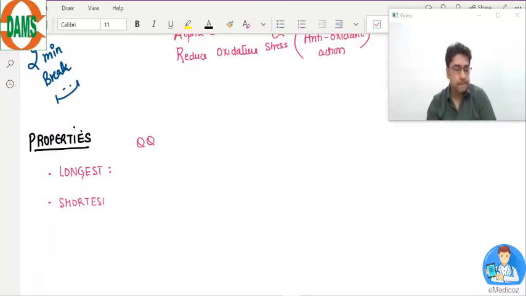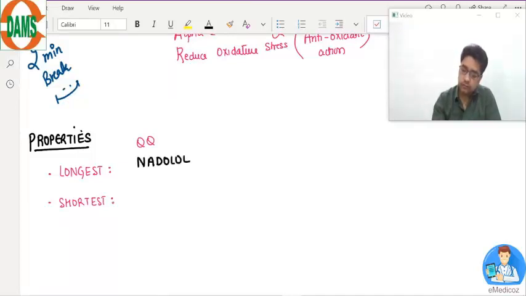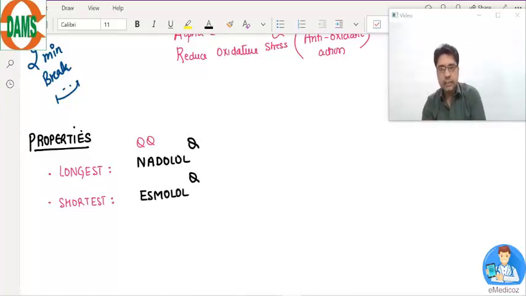The longest acting beta blocker is nadolol. And the shortest acting beta blocker is esmolol.